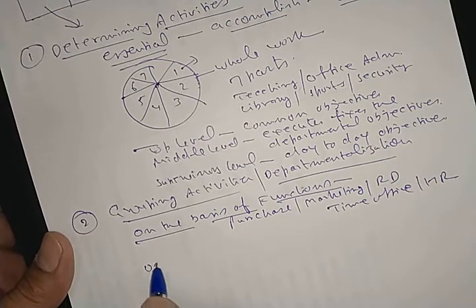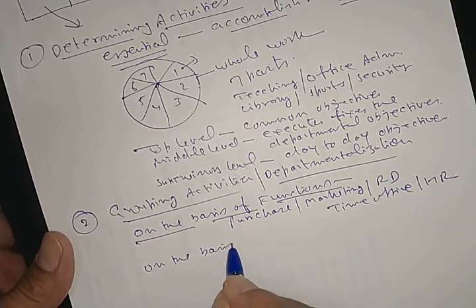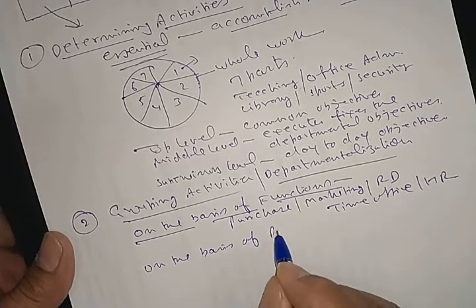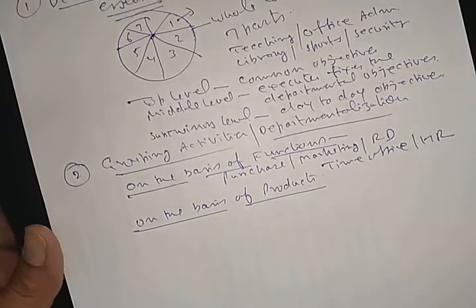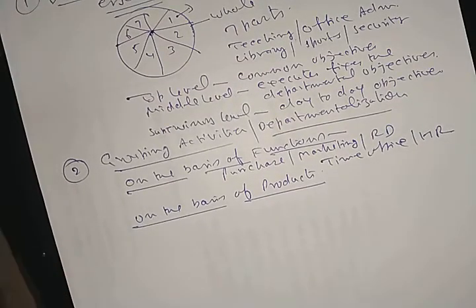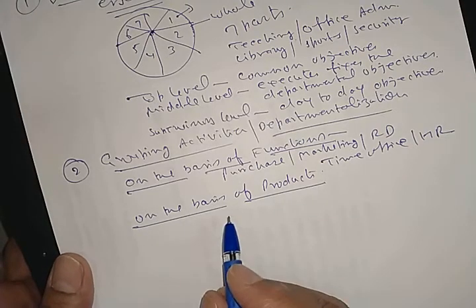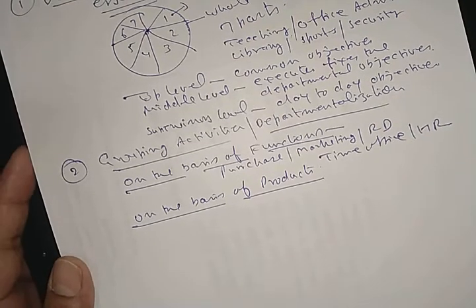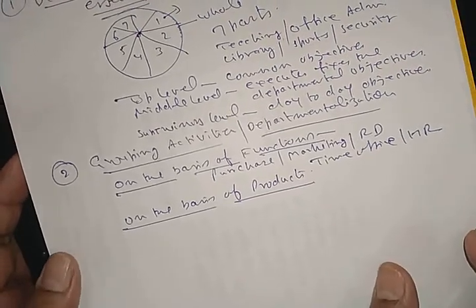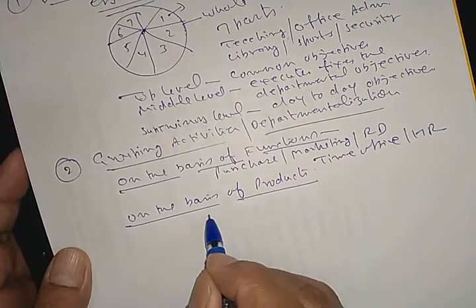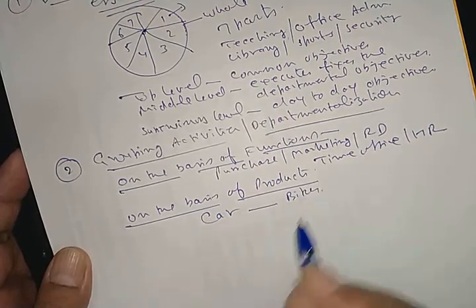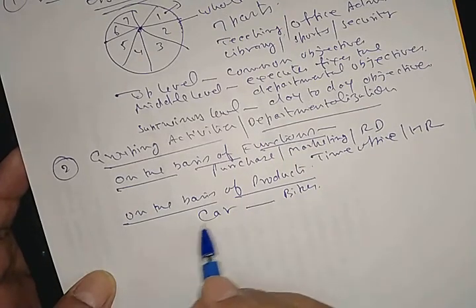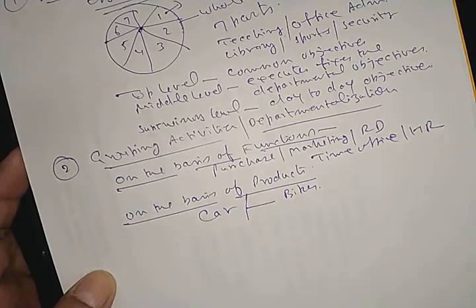It can also be on the basis of products. Suppose an organization manufactures car and bike, both. So the car department may be different and the bike department may be different.